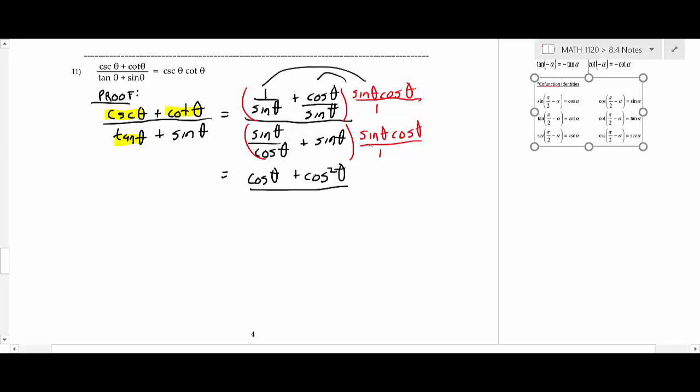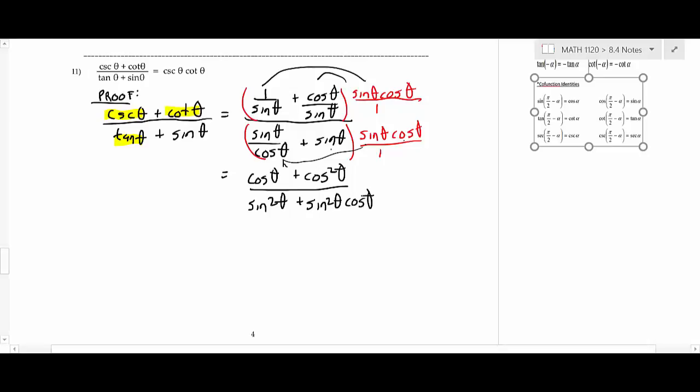You're going to do a distributive property. So when you multiply that times that, the cosines go away. Sine times sine is sine squared theta. Okay. And then the last term, you're going to do sine cosine times sine, so that's sine squared theta times cosine theta.